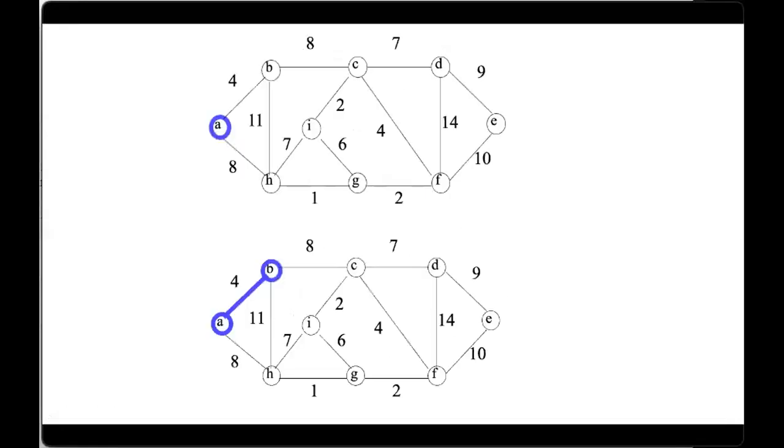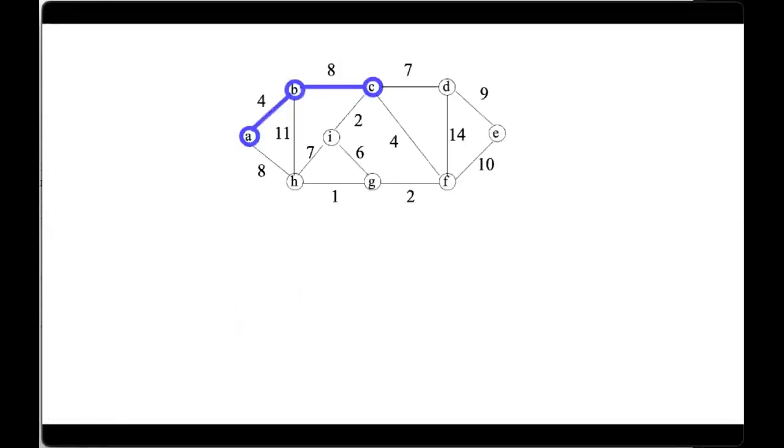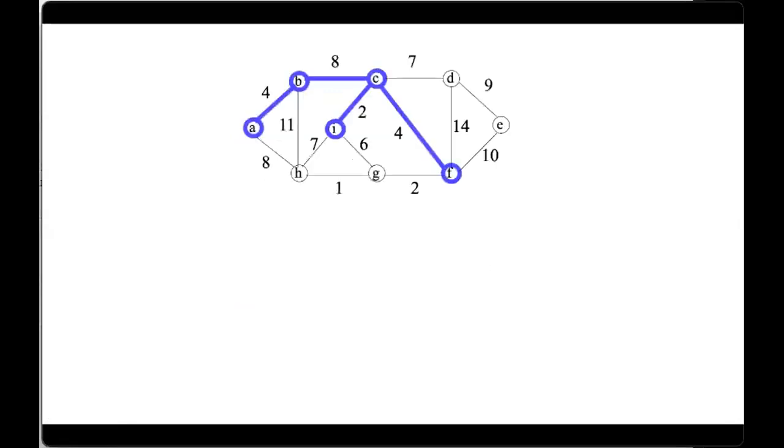You can see one more example. First, A to B, we will select 4. Among the A and B vertices, the next minimum edge is 8, so we will select that. And then C to I. Next, C to F, that is the minimum cost edge.